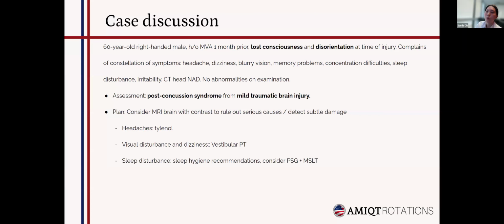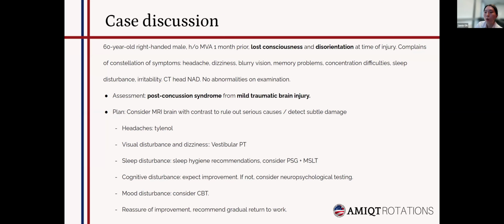For sleep disturbance, we gave him the sleep hygiene recommendation sheet and would consider a sleep study or MSLT. For his cognitive disturbance, we reassured the patient to expect improvement over the months. If he doesn't improve on the next follow-up, we said we would consider neuropsychological testing. For his mood disturbance, consider CBT. And overall, we reassured the patient that these symptoms are normal for what he has gone through and that they will improve, and we recommended gradual return to work as tolerated.